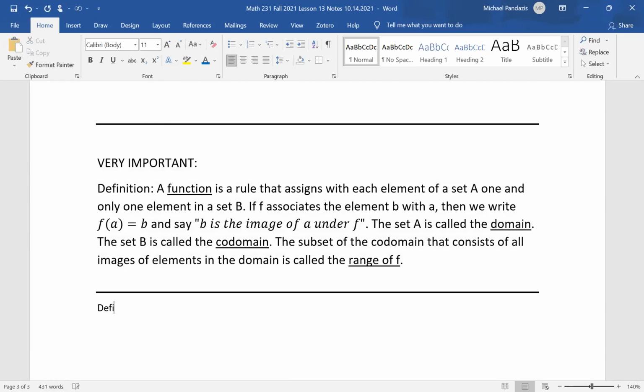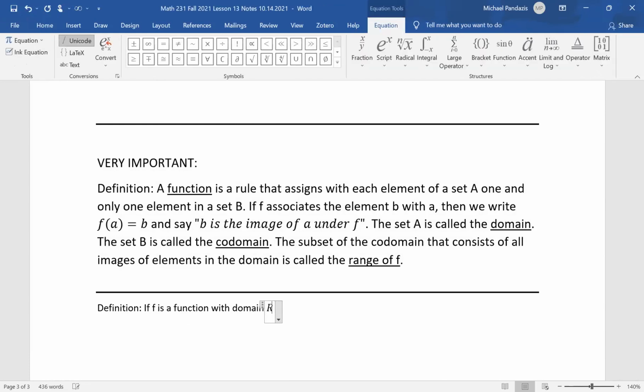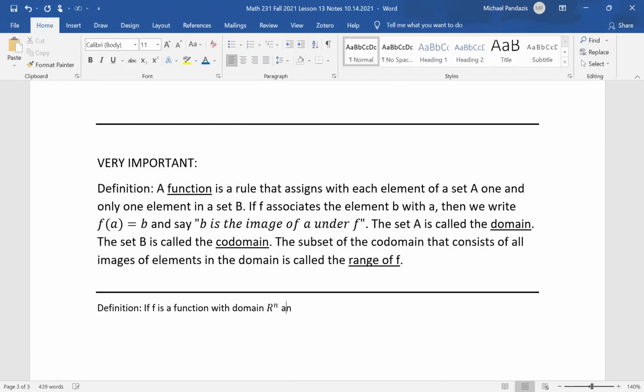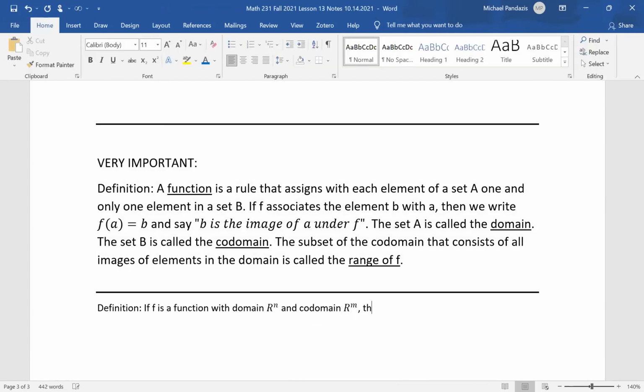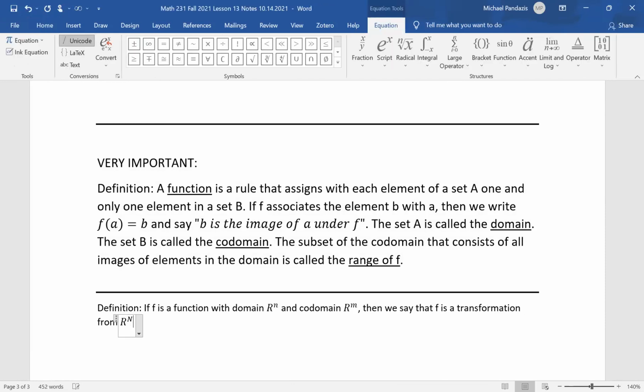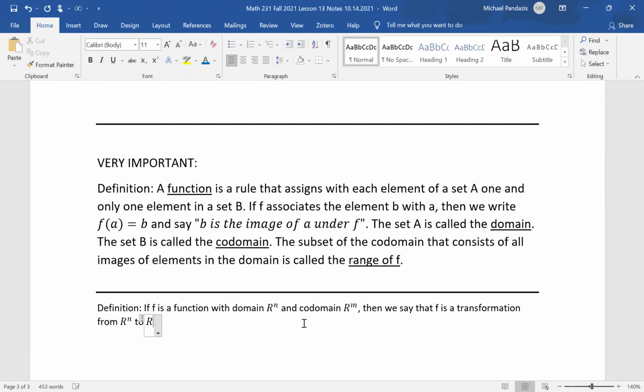Another definition. If F is a function with a domain Rn and codomain Rm, then we say that F is a transformation from Rn to Rm.